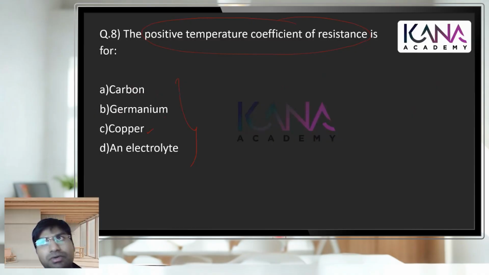It's only for a metal. So metals have a positive temperature coefficient, because R increases with temperature. So copper is a metal, so we'll go with this one.